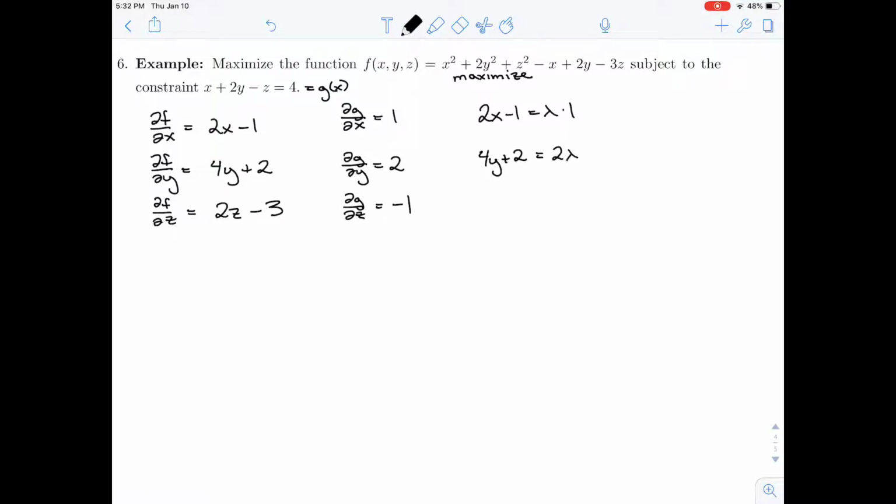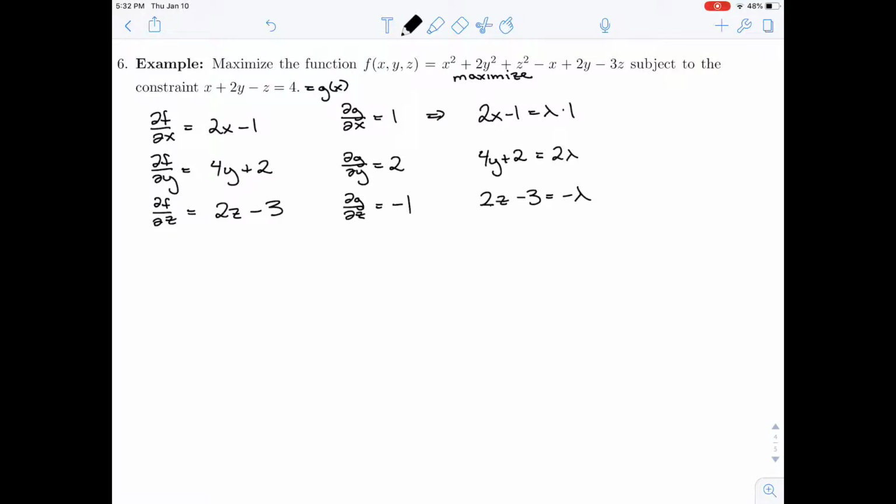And then finally, if df dz is supposed to be a multiple of dg dz, then 2z minus 3 equals negative lambda.